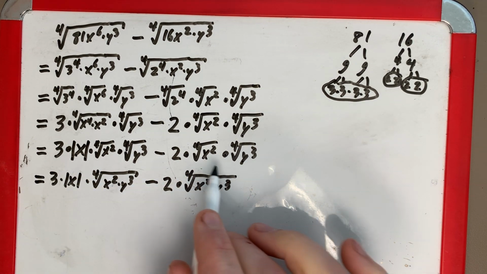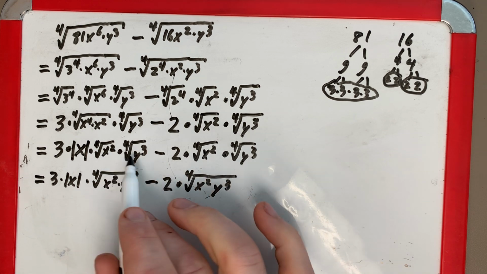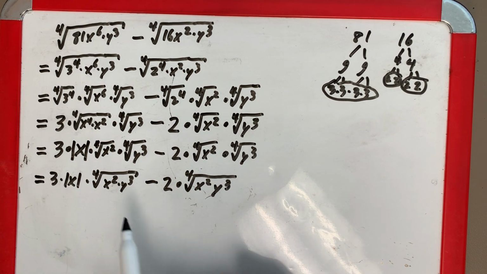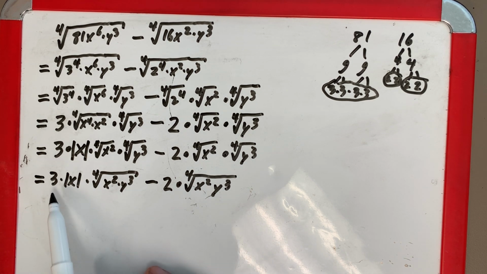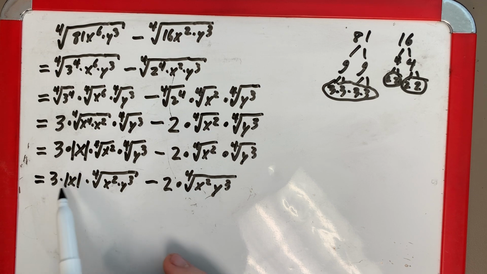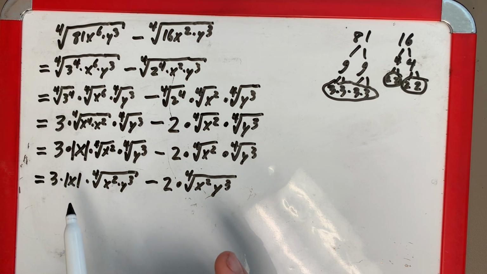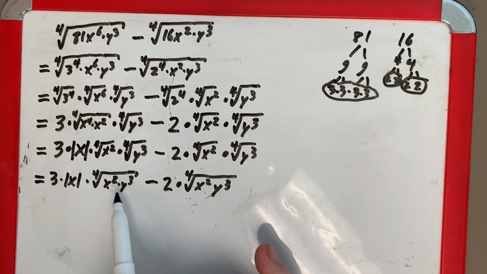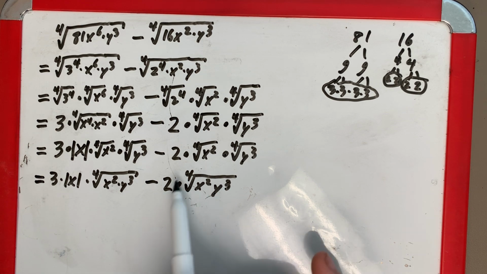Okay, so we've handled everything that we could. We just put all these guys under the same roof. And maybe we can distribute or add or factor in this case. So I'm looking at 3 absolute value of x of these guys. I have minus 2 of these guys.